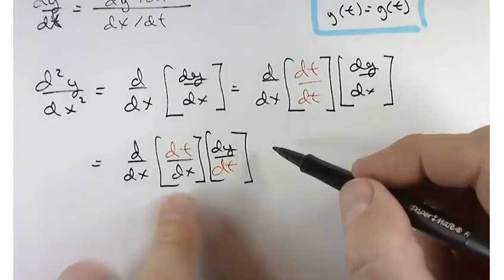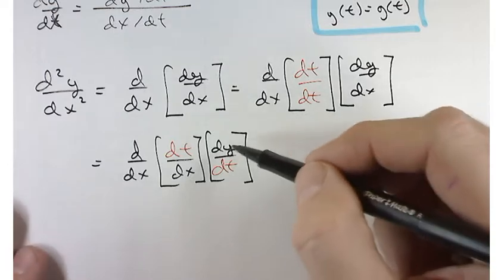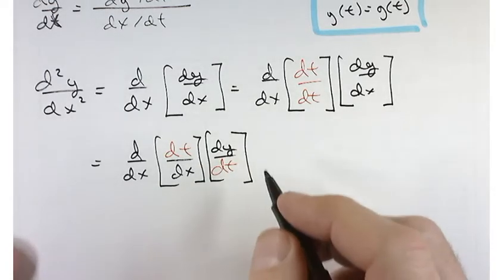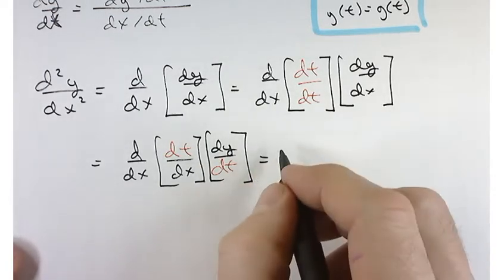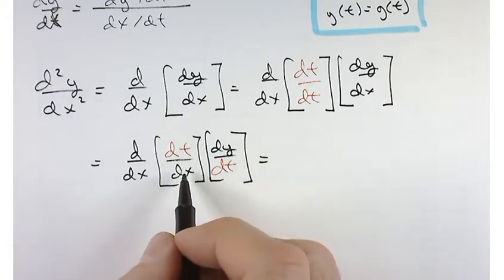Now, this can then be rewritten. This is this divided by this. So I can write that as, let's see, do I want to switch one of these one more time?